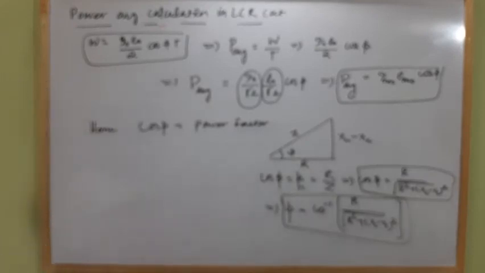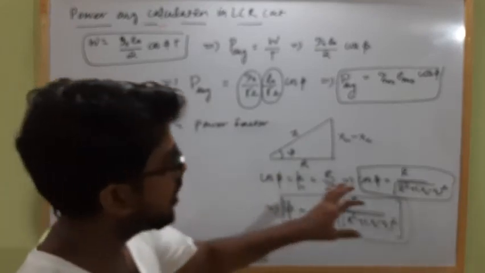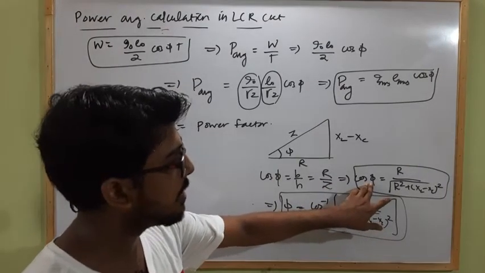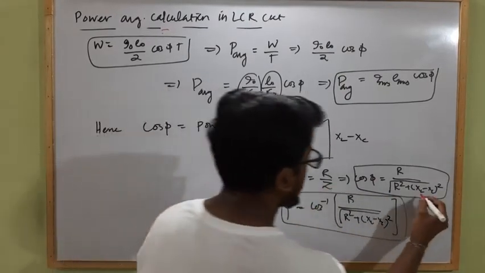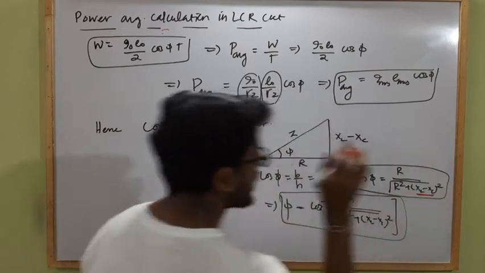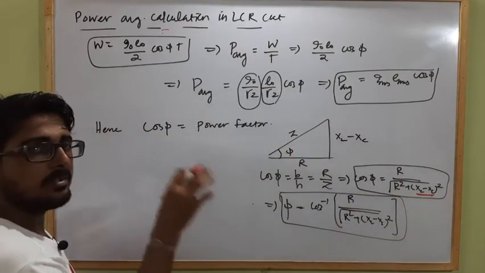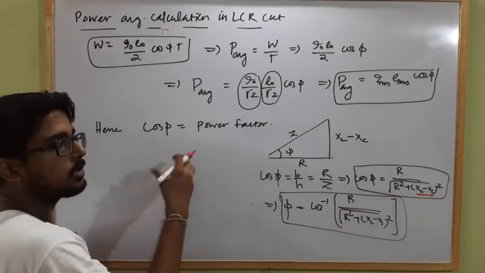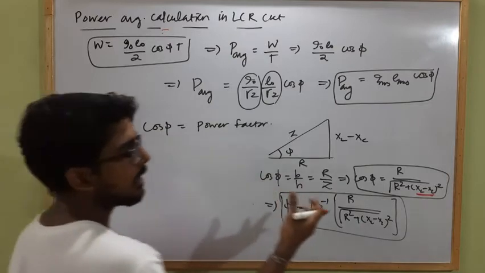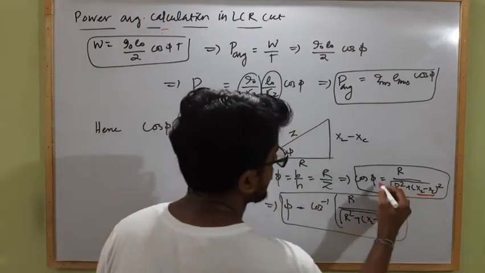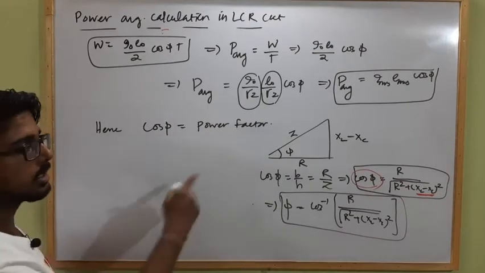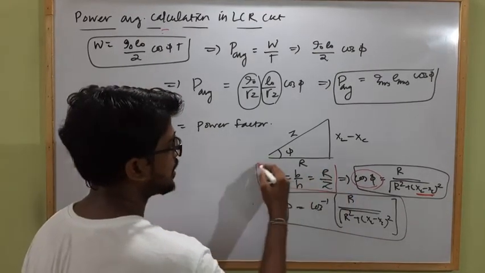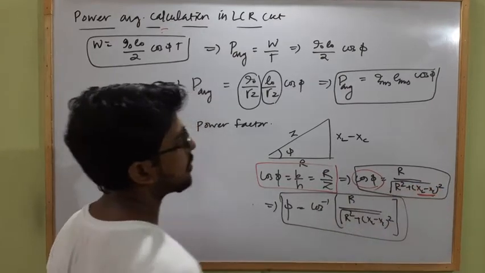Okay. So the power factor will be maximum when Z is minimum, and Z is minimum when XL equals XC. So in an LCR circuit, if it gets resonant with the externally applied EMF, then the power factor will be maximum when XL equals XC. And what is the power factor? This is R by Z, or R by the square root of R square plus XL minus XC whole square.